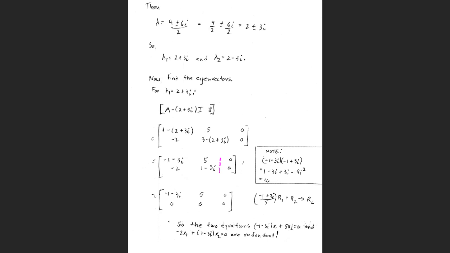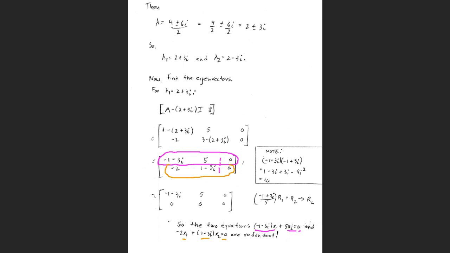This equation here, the quantity -1 minus 3i times x1 plus 5x2 equals 0, is the same equation as the second equation, -2x1 plus the quantity 1 minus 3i times x2 equals 0.